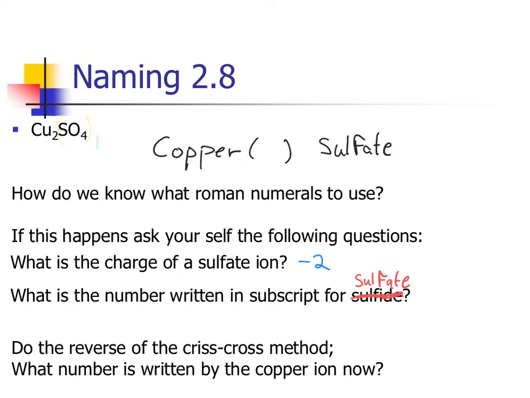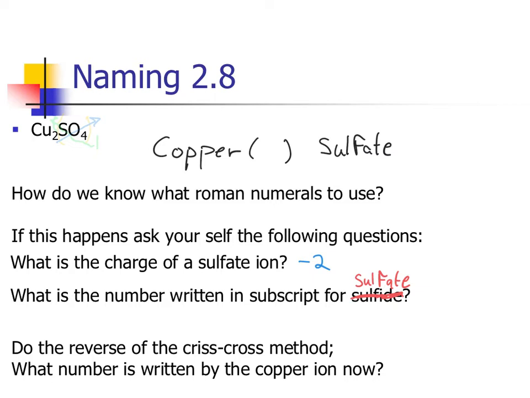Now, what that means we have to do is we need to do the reverse crisscross. When we do the reverse crisscross, the one that is associated with the sulfate goes to the copper. The 2 that is associated on the bottom of the copper goes to the sulfate. Now, what this now does is tell us some information.